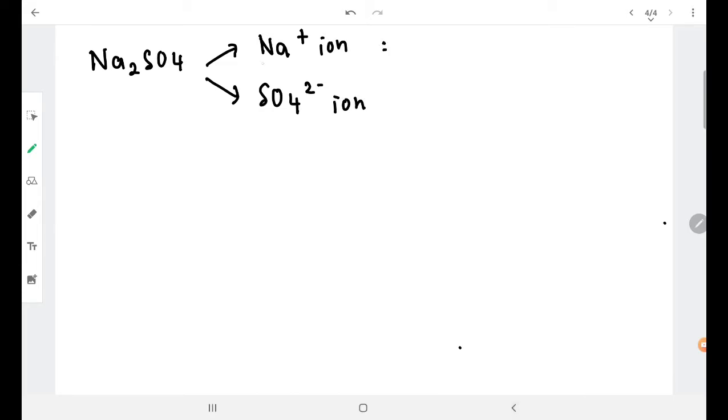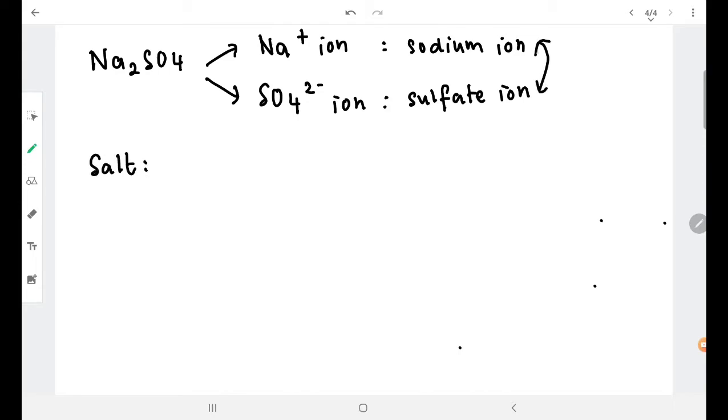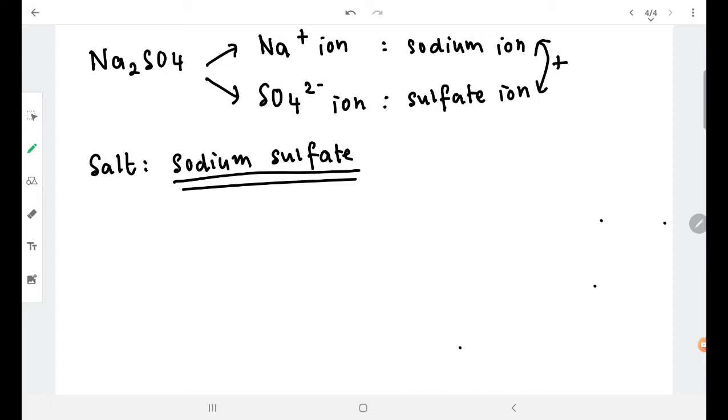Okay, so Na plus ion is sodium ion, and SO4 2 minus ion is sulfate ion. So the name of this salt is, we combine these two names together, so you will get sodium sulfate. Okay, sodium sulfate. Okay, how about the third example?